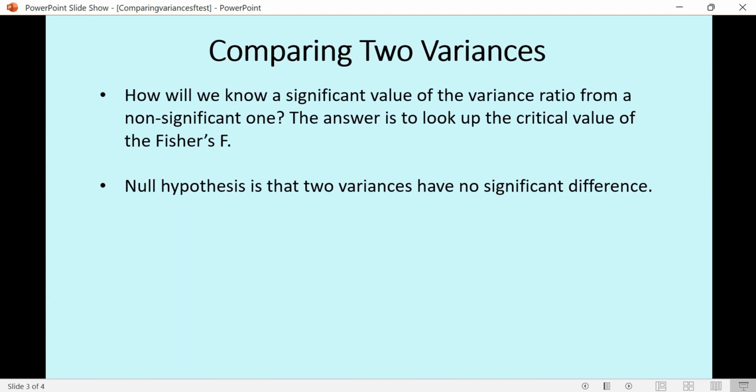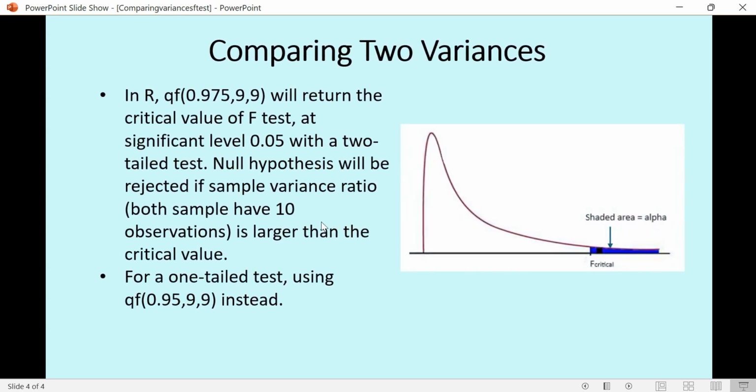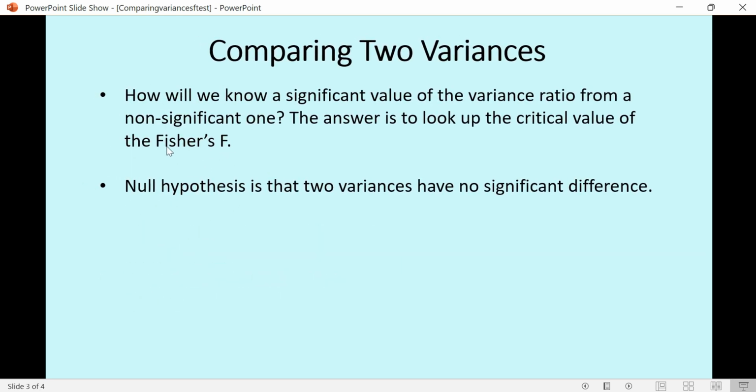First we have a null hypothesis, saying that the two variances have no significant difference. Then we test from the sample. If there is a very large difference, we reject the null hypothesis, right? This is called the F-test, or Fisher's F-test.